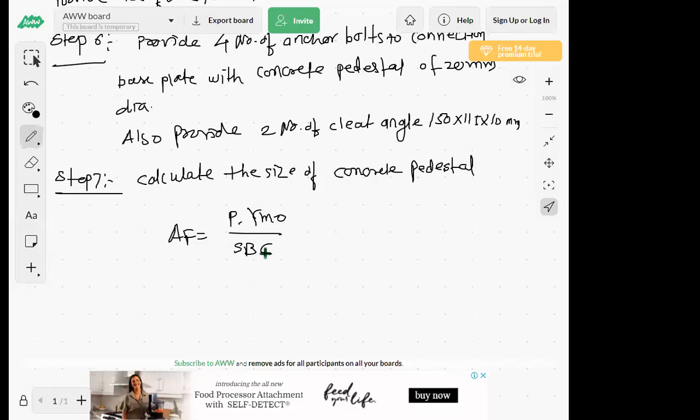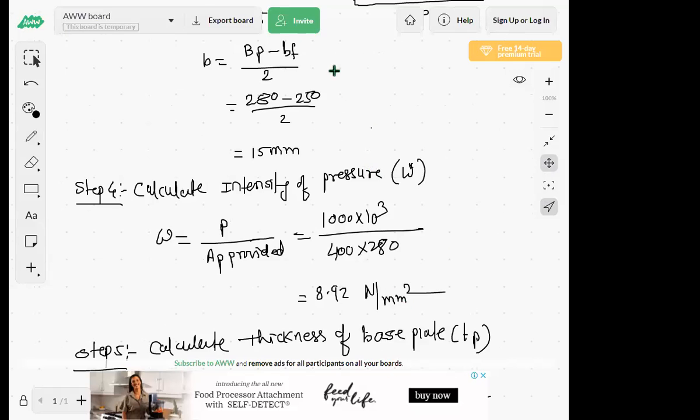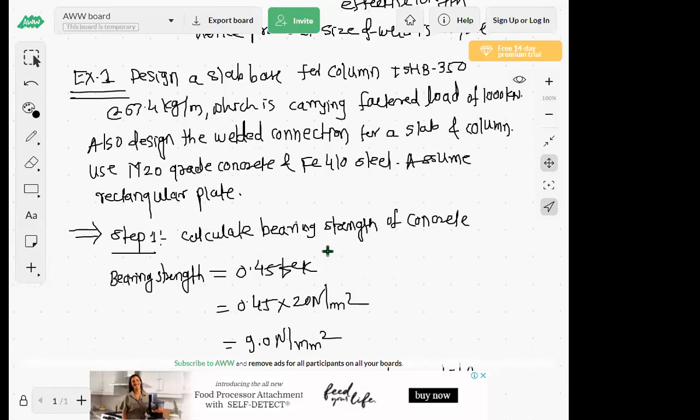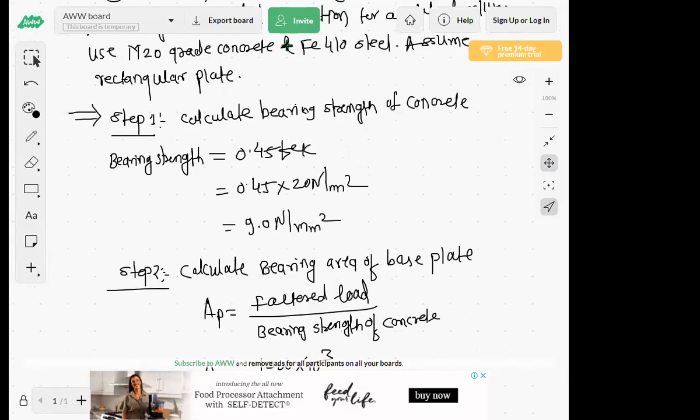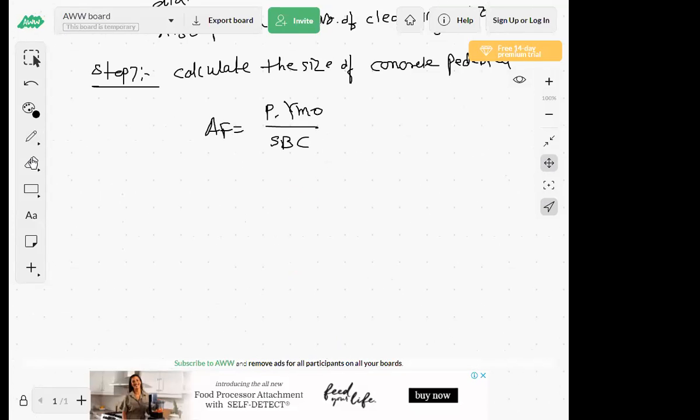Whether SBC value is given in the problem statement? I think SBC value is not given, so we have to assume SBC. Generally for hard murum or hard strata, SBC value will be greater than 200 kilonewton per meter square.